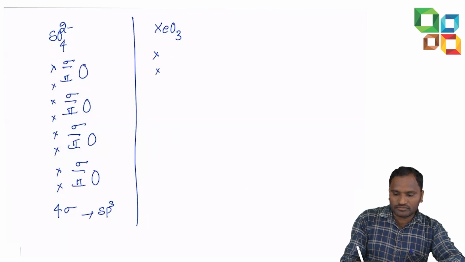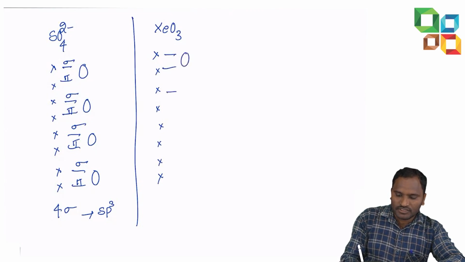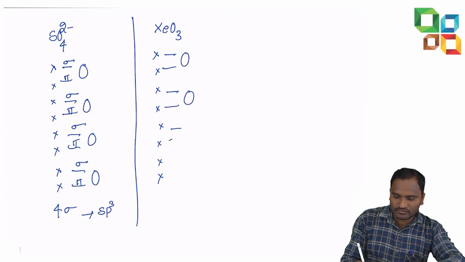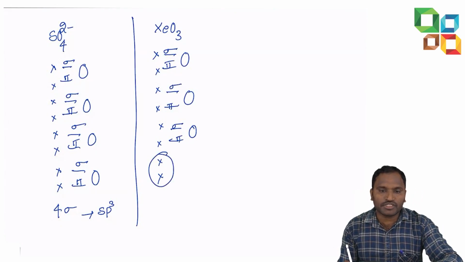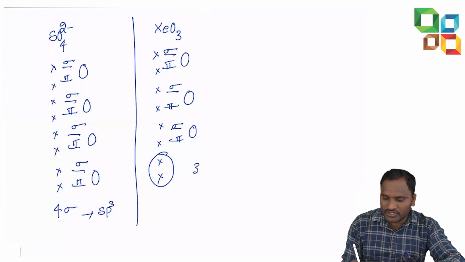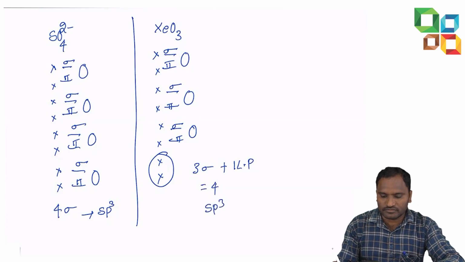Count the number of sigma bonds and lone pairs. Now 3 sigma bonds plus 1 lone pair. So many examples, I guess. Still many are not giving the answer. sp3.